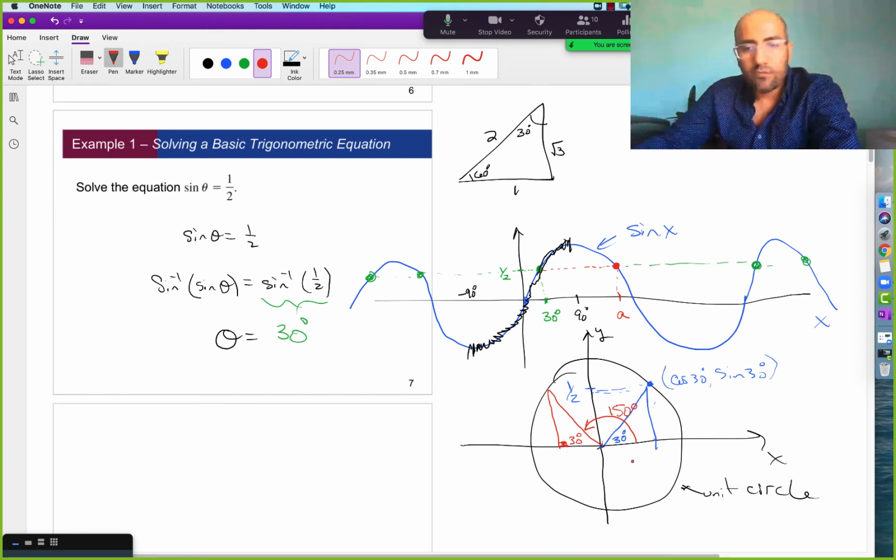Great. So from all of this, we can conclude that sine of 30 degrees equals 1/2. But so does sine of 150 degrees. They both give you 1/2.